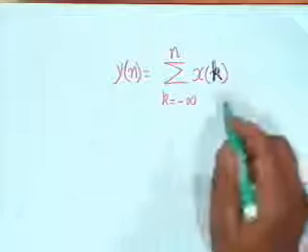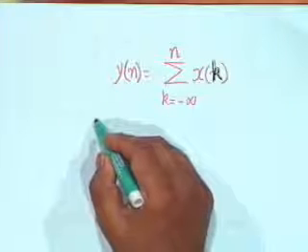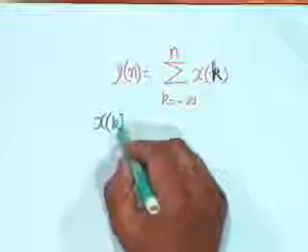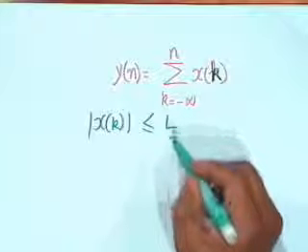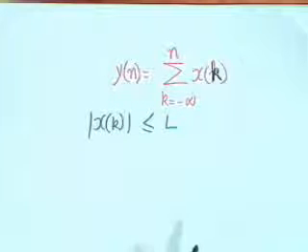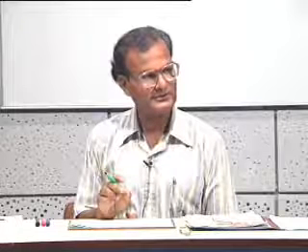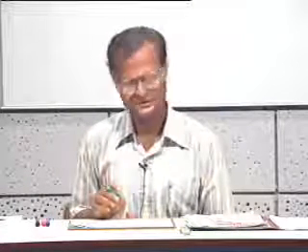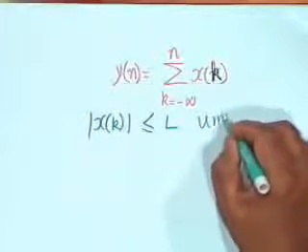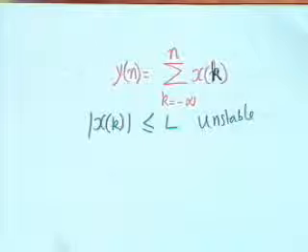Well, you notice that x of k may be bounded. Let's limit x of k to a value less than or equal to L. Even then, y of n may be infinitely large. y of n may grow without bounds, and therefore the system is unstable. All right, this is the meaning of stability.